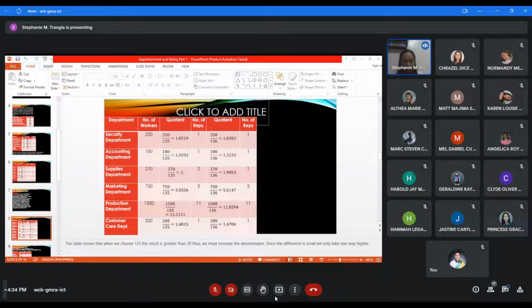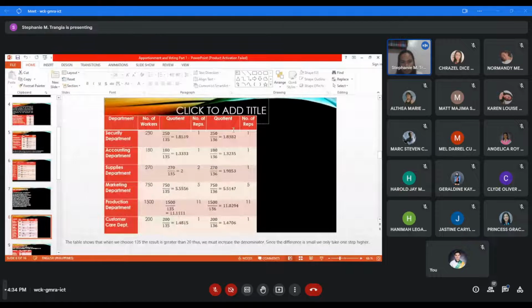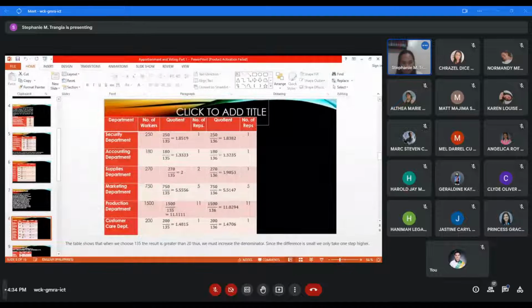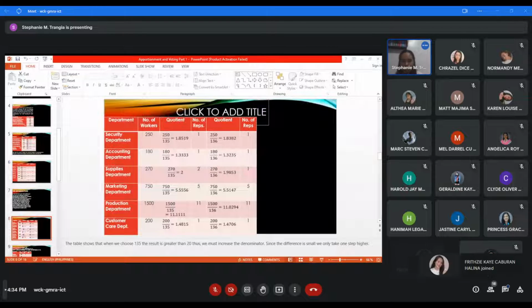without using the decimal part, unlike the Hamilton plan. Okay, by using 136 as the divisor, we have 1 plus 1 plus 1 plus 5, that's 8, plus 11, 19, plus 1, that's 20. So therefore, by using a modified standard divisor, we were able to get the desired number of representatives per department.